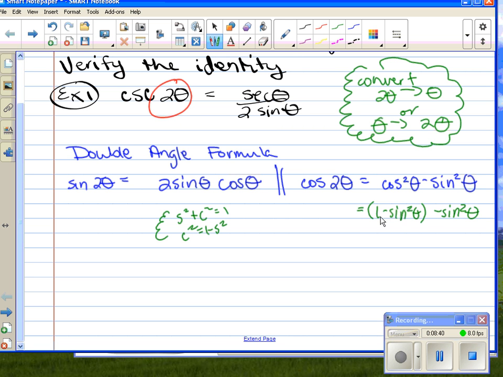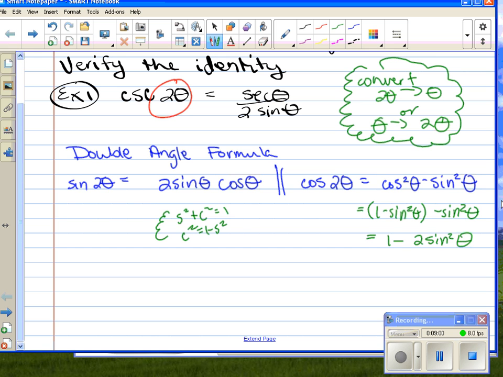So if I combine my like terms, can you see how that's going to end up being just 1 minus 2 sine squareds? You follow that? So I put in the 1 minus sine squared for cosine squared. Now I got 1 minus sine squared minus sine squared.